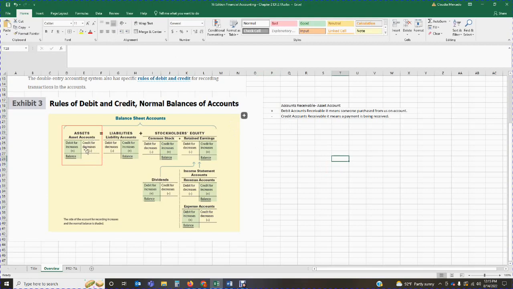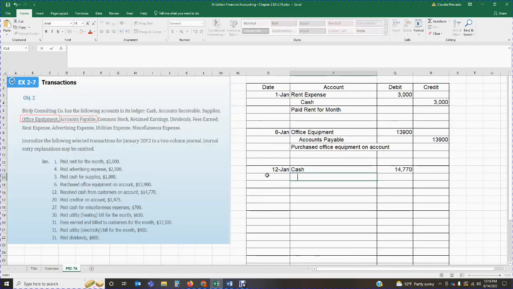So I'm going to go ahead and credit my accounts receivable because my balance in my receivables decreased. Now people owe me less money. So accounts receivable is going to decrease by $14,770. And then here we can just put received cash from customers on account.